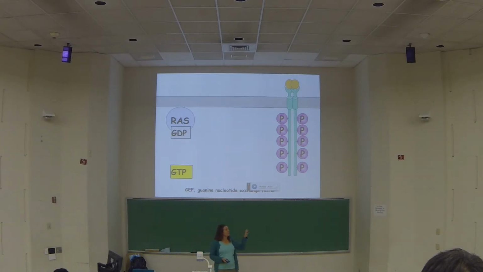So in the GPCR signaling pathway, our G proteins were heterotrimeric. So they're made up of 3 different subunits, which were different. In this particular pathway, we have a monomeric G protein. They're a single unit. But it's still binding our guanine nucleotide, so it's still a G protein.